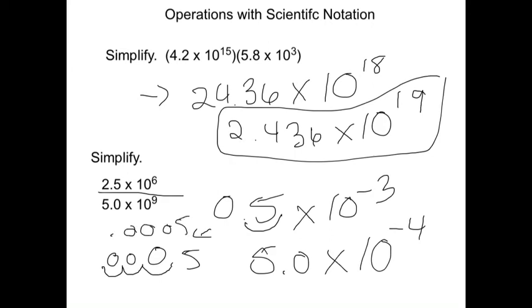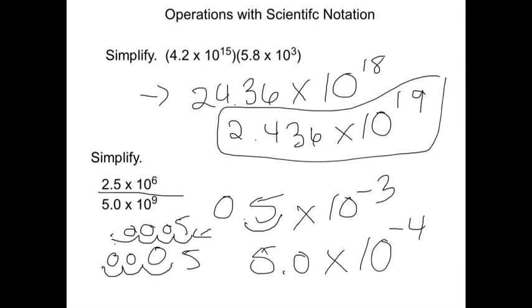So if you were to take that number, which is now in standard form, and rewrite it correctly in scientific notation, you would never have stopped between the 0 and the 5, because that number isn't between 1 and 10. You would have taken one extra step to the end of 5, because 5 is the only number that is between 1 and 10. And in that case, you would have gone 4 spaces, not 3 spaces.